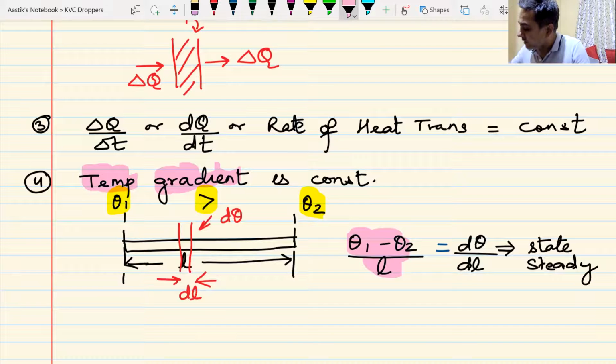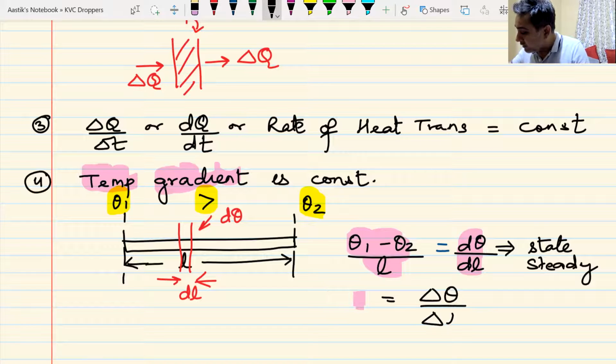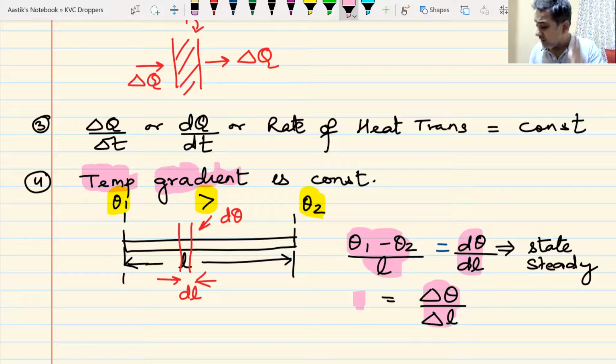That means d theta by dl is the temperature gradient of this small section. Small change in temperature divided by small length, or theta 1 minus theta 2 divided by L, or delta theta divided by delta L. All these terms are known as temperature gradients, and all these terms are equal in steady state. Do we understand this?